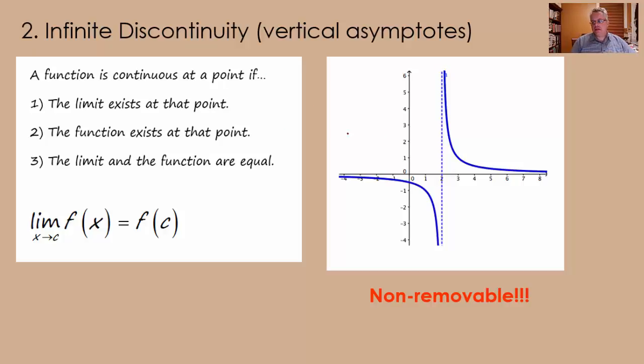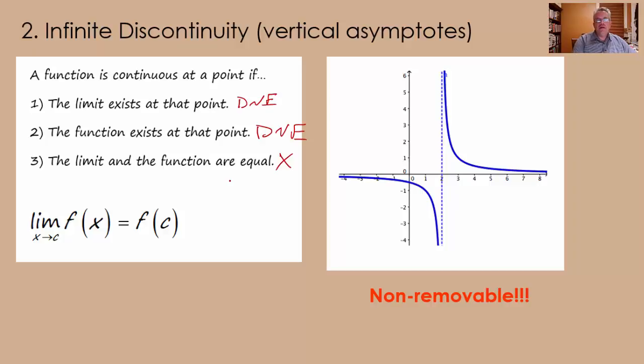So let's check the conditions. So we know that it's not continuous at 2 from the graph, but if we check the conditions, the limit does not exist at the point, so that's a problem. Actually, the function's not even defined at 2. It doesn't have a value there, so that's a problem. And if the limit doesn't exist and the function doesn't exist, they certainly can't be equal, so that's bad.